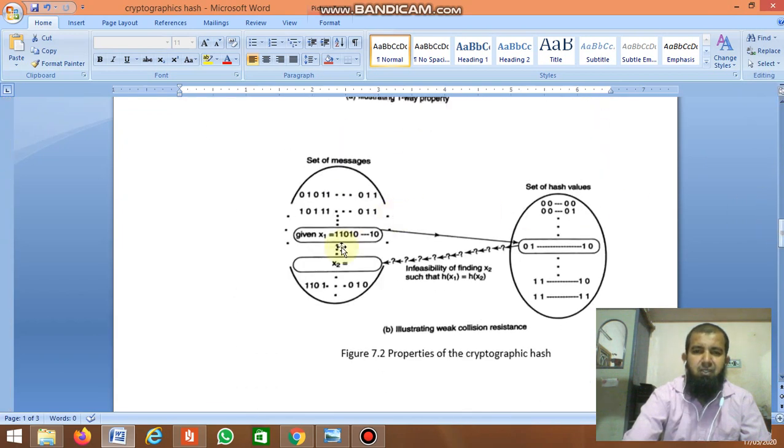See here, x1 is some value like 110101. Using x1 you calculated the hash value. From this, it is infeasible to find x2 such that h of x1 equals h of x2.